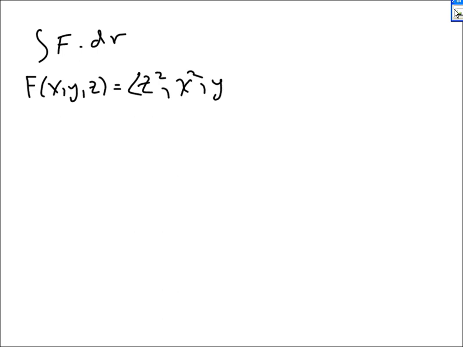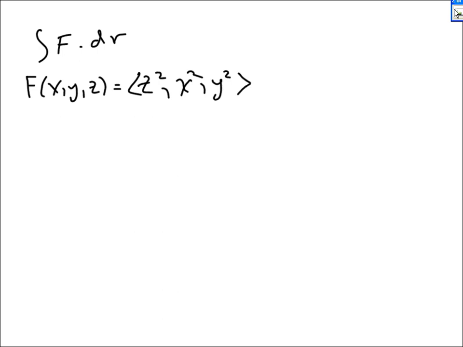So, the instructions for this problem are to use Stokes' theorem to evaluate the integral of f dot dr, where they tell you that f of x, y, z happens to be z squared, x squared, y squared.